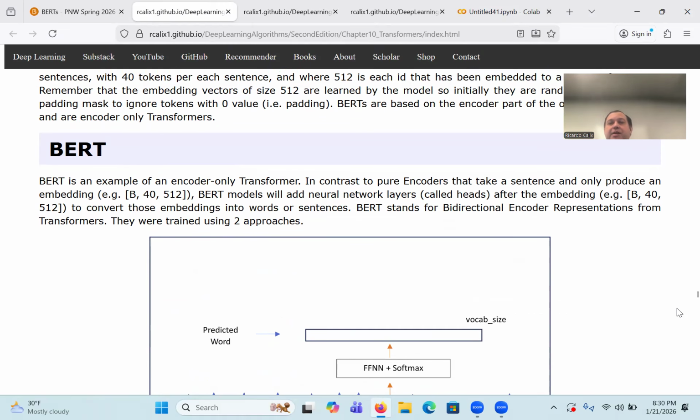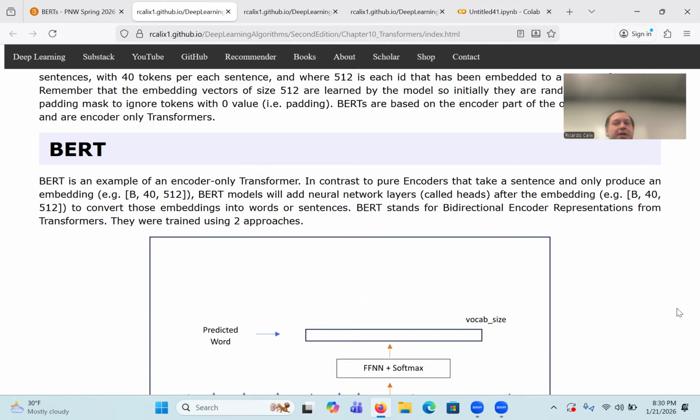BERT models will add neural network layers called heads, which I've mentioned before, and that's what that pipe is doing in transformers, just changing those heads, which is just adding feed-forward layers. So BERT models add heads after the embedding, e.g., batch 40 by 512, to convert those embeddings into words or sentences.